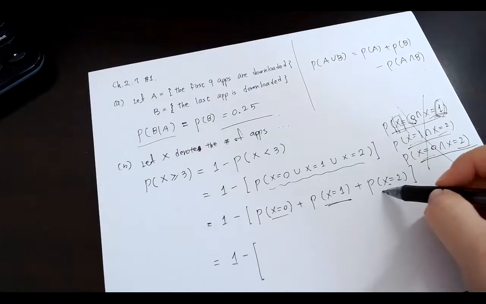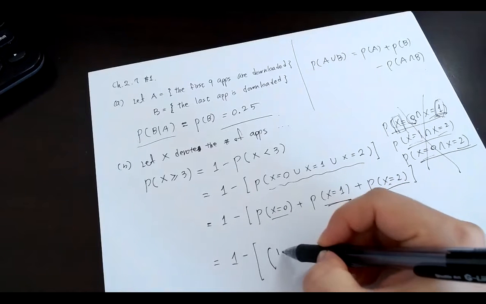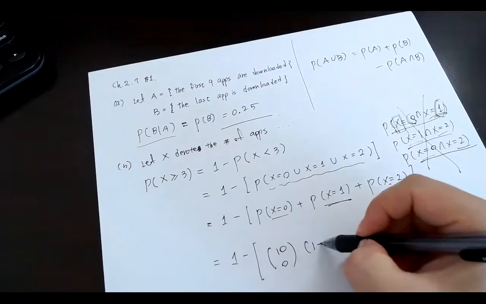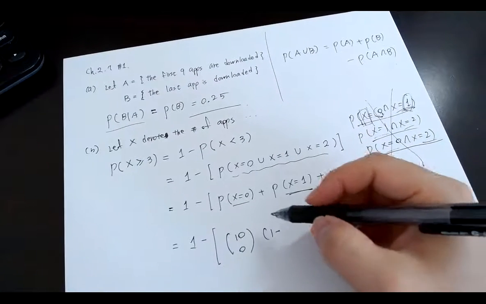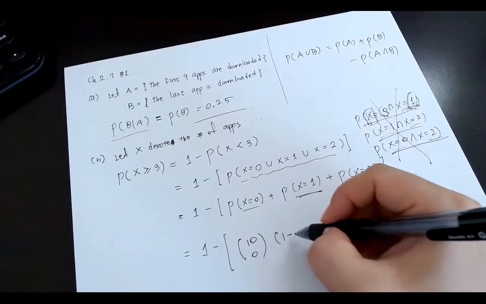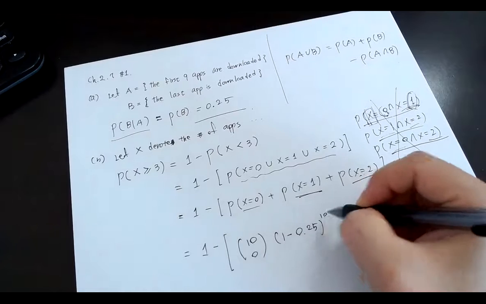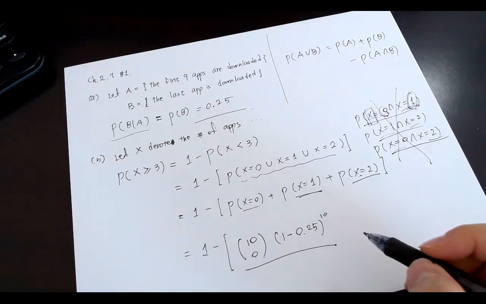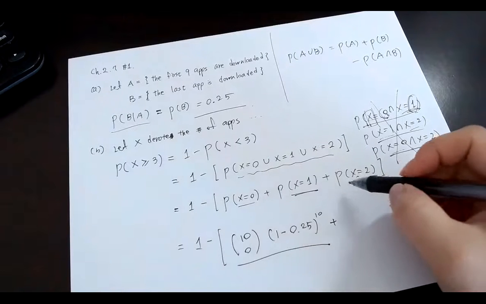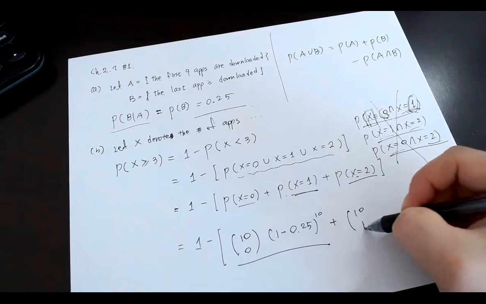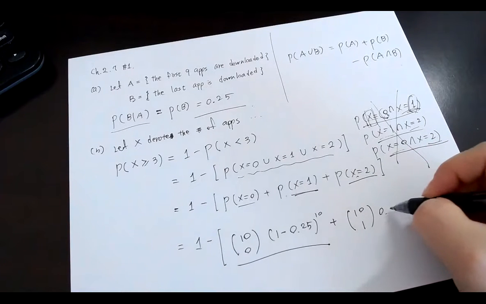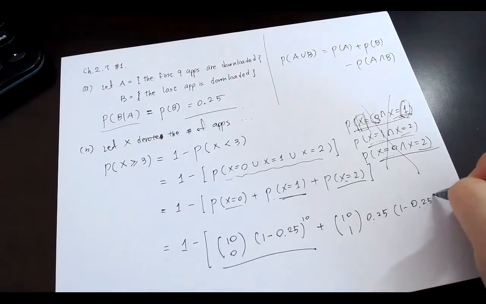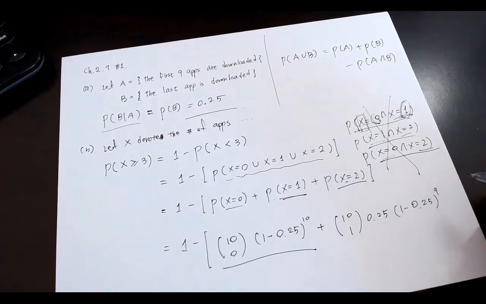So we select 0 out of 10 times 1 minus 0.25 to the 10th power. That's the probability that 0 apps are downloaded out of 10, plus the probability x equals 1, which is 10 choose 1, times 0.25, times 1 minus 0.25 to the 9th power.